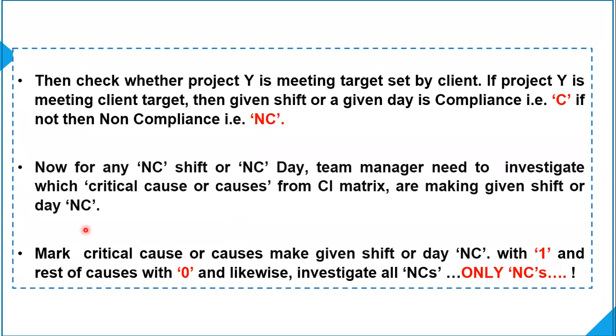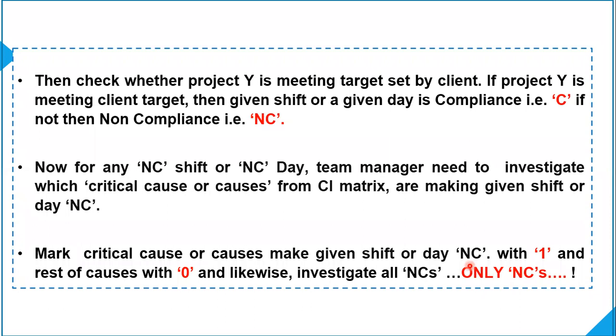Then the next thing is to mark the critical cause or causes that make a given shift or day NC with 1. If the supervisor finds this is one of the causes leading to non-compliance for a given shift, he'll mark that cause as 1 and the rest of the causes as 0.